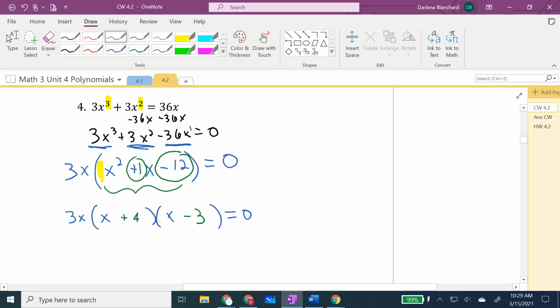And then once you have factored, set each factor equal to 0, and if you can just write the answers straight up, you can feel free to do that. Subtracting 4 and adding 3.